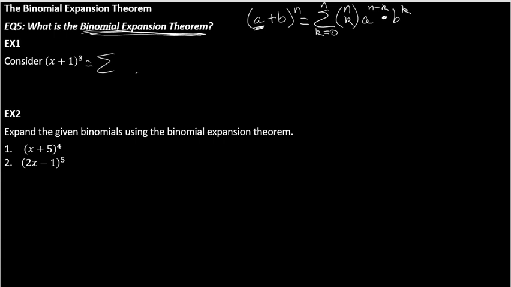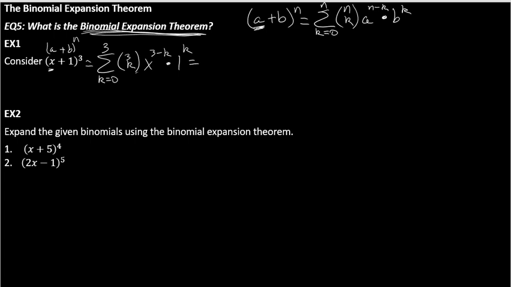Sigma, n is 3, initial is 0, and we're going to do n choose k. And a plus b all raised to the n, so a in this case is x raised to the n minus k times b to the k.